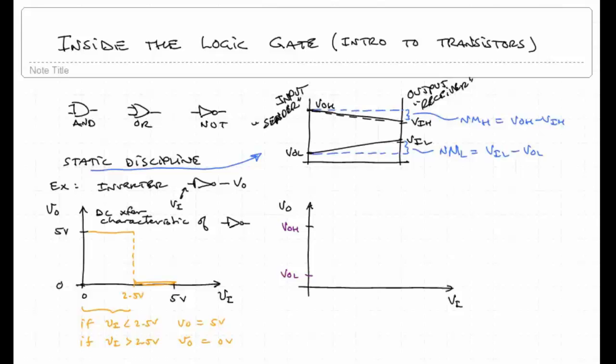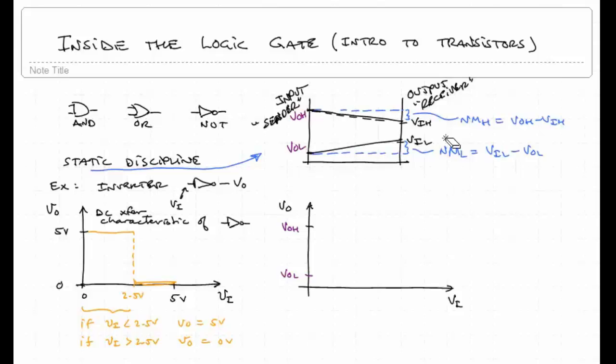So if you give it a voltage that's up to VI low, it will interpret that as a low, and if you give it a voltage greater than or equal to VI high, it must interpret that as a high. So let's assume that we do that on this logic gate, and we're going to redraw this DC transfer characteristic with those labels.